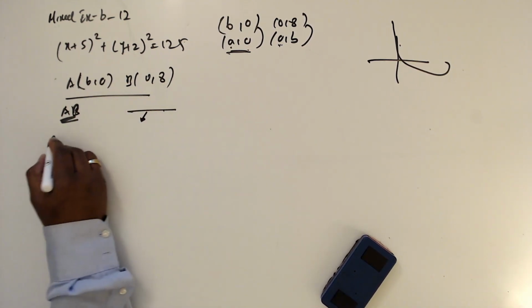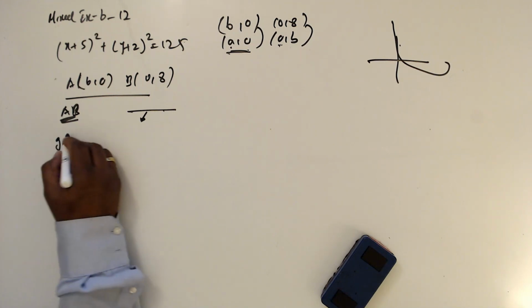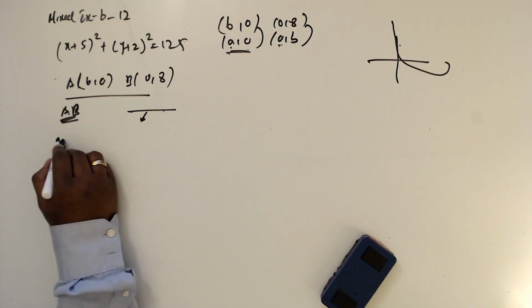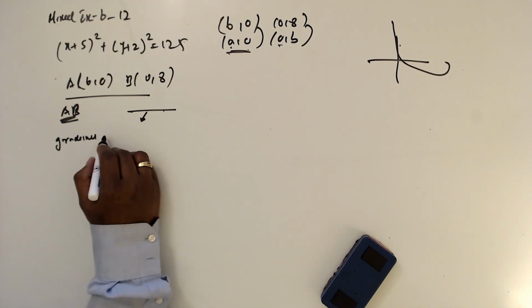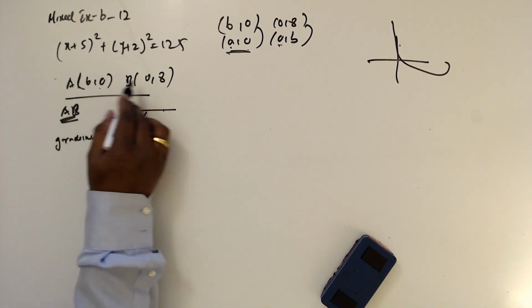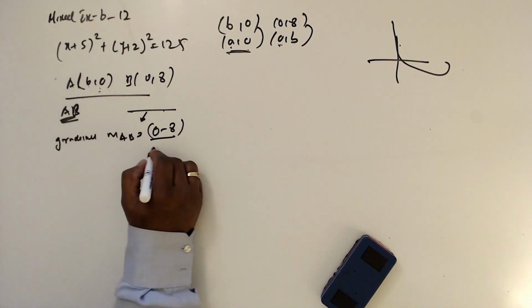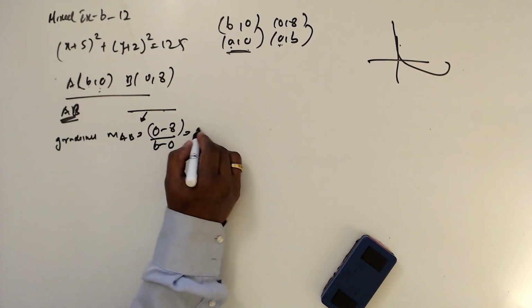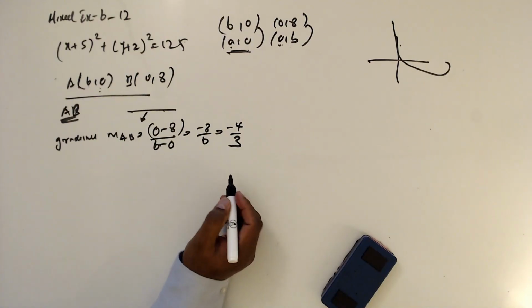First of all, I will get the gradient. (y1 − y2) over (x1 − x2): (0 − 8) divided by (6 − 0) gives −8 over 6, which is −4/3.